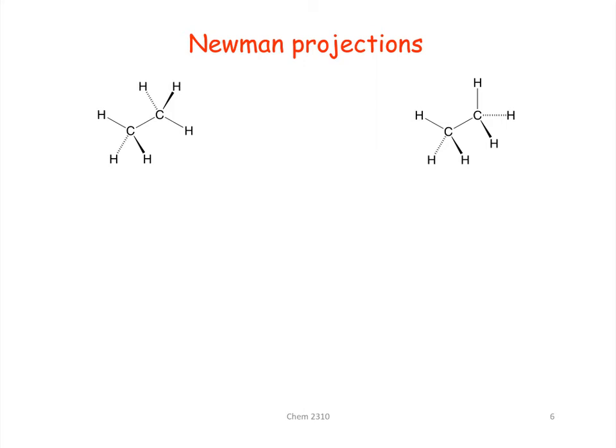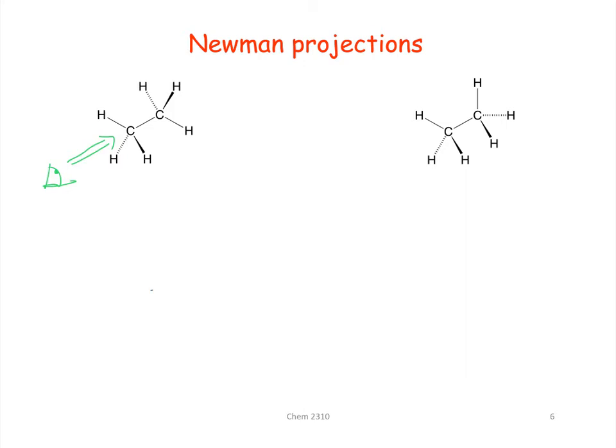So what we're going to do is draw it like I was looking at this carbon-carbon bond end on. I'm putting my eye right down here, and I'm going to look straight down that carbon-carbon bond.